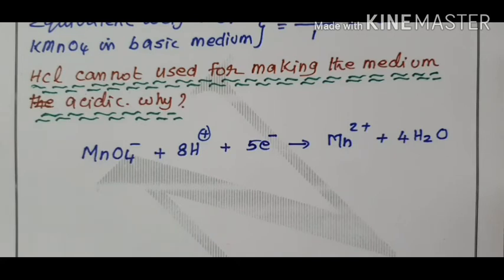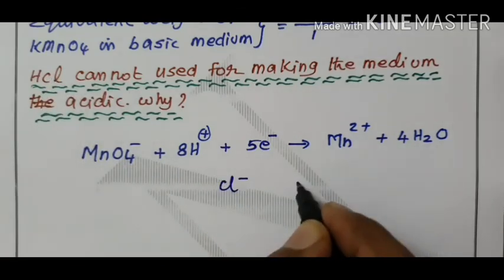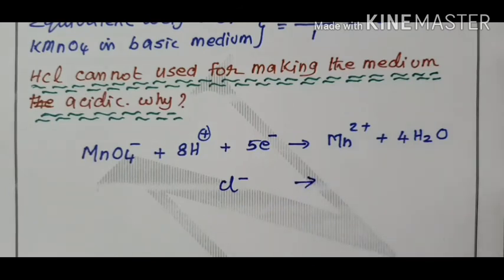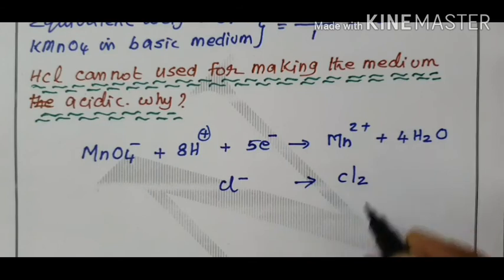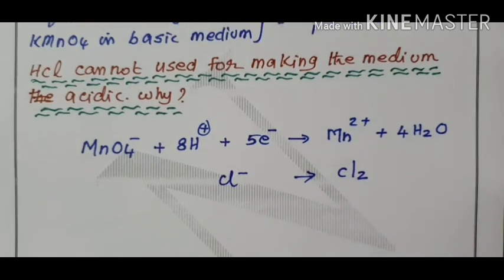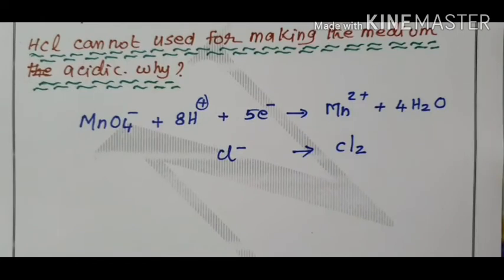In hydrochloric acid, the Cl minus ion is oxidized into Cl2. Correct? Balance the second equation.